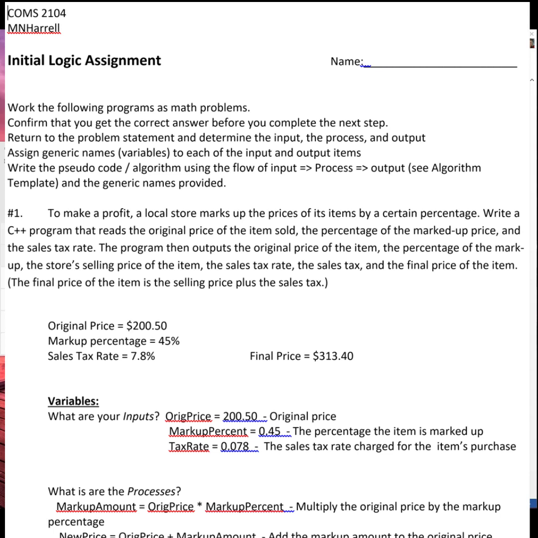Okay, so first it said, confirm you get the correct answer. So let's think about it. If I have an original price and it's marked up 45%, to find out how much markup it is in money value, not a percentage, I have to multiply 45% times $200.50.